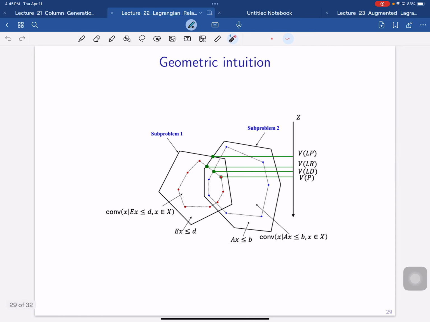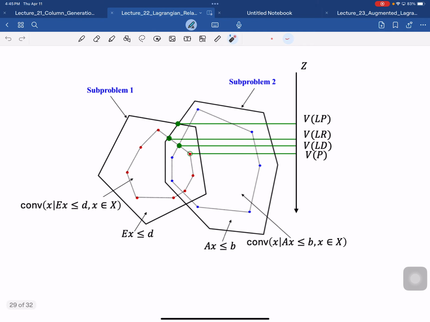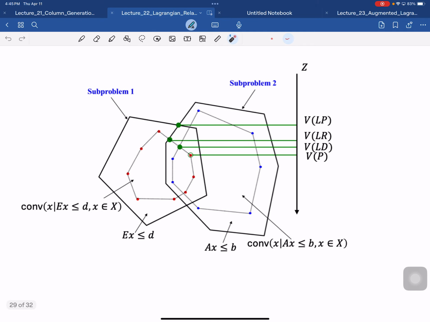Yeah. So now let's show a geometric intuition with this picture. Then you will have a very intuitive view of primal characterization. All right. So first I'll recall, what is the linear programming relaxation? It is just the intersection of the LP relaxation of the two polyhedral sets, right?